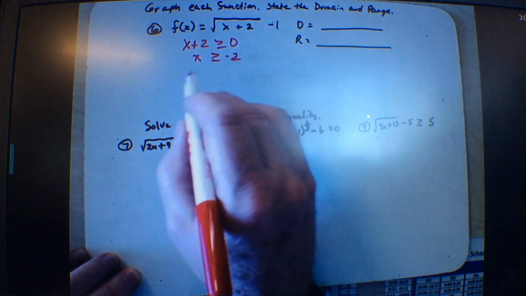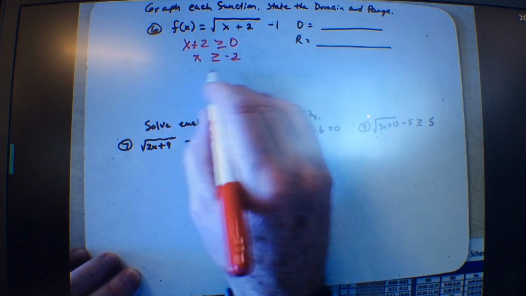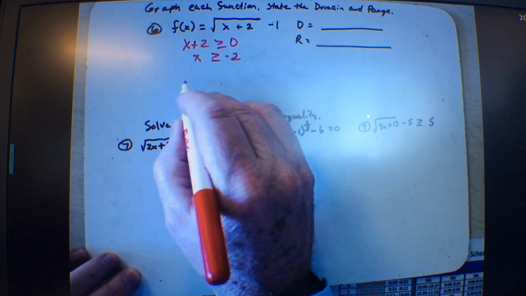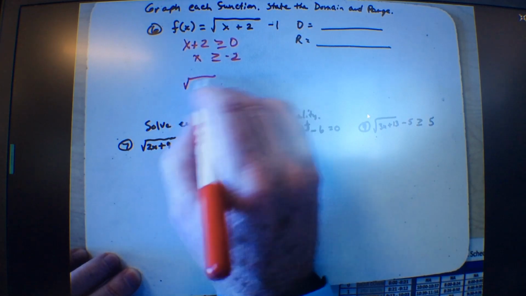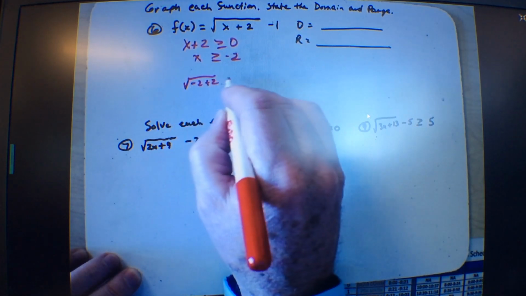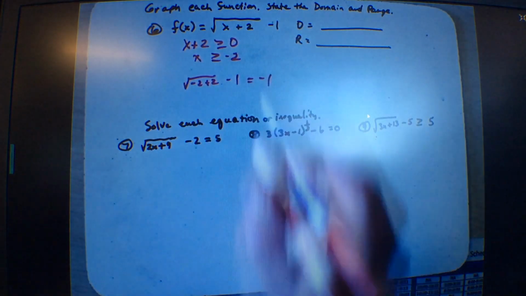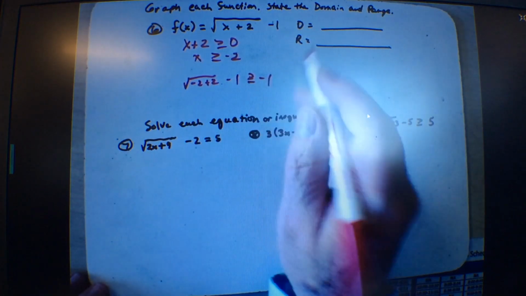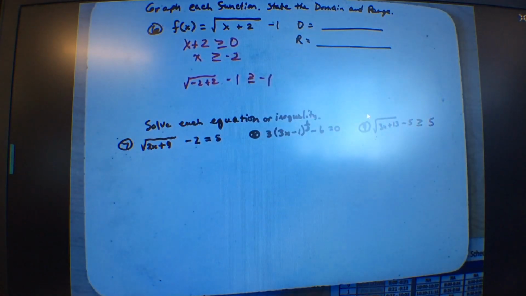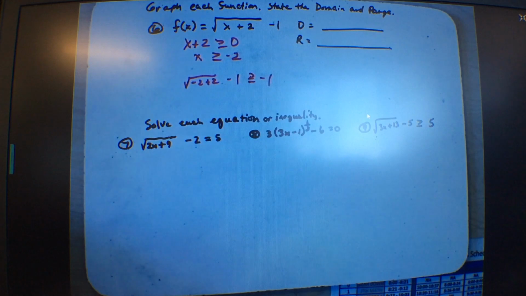And then you put this back in to find the range? Yes, you can do that on this one. It's the same thing, this would be greater than. Well, it just dawned on me what you were saying. I don't know why it took me so long to focus on that.